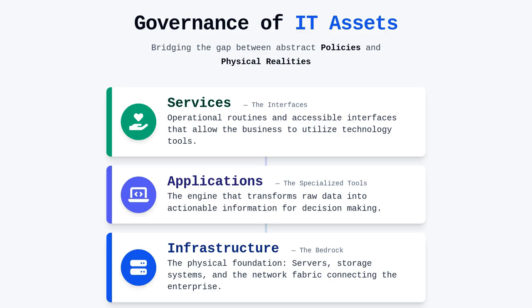Applications act as the specialized tools that transform raw data into actionable information, while services define the accessible interfaces and operational routines that allow the business to utilize those tools. Governing these assets means moving beyond mere technical management and ensuring that these resources are actively contributing to the achievement of enterprise goals.